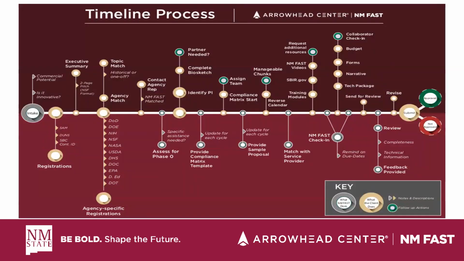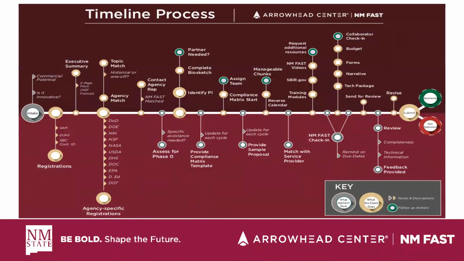And then we do need to update this diagram. It's several years old now, and a lot of the agencies have changed quite a bit, but we wanted to have a visual, especially for new applicants, to see all of the different pieces that go into putting a proposal package together, and to also visualize where we as a support organization fit within that process.